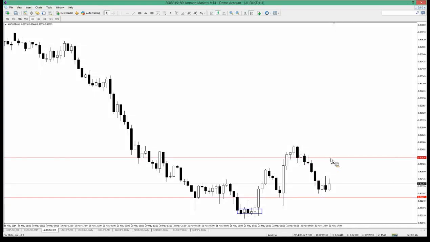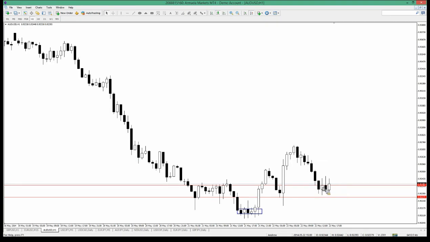Down here now we have 2 areas, or 2 ranges, 2 range based candles. If we got a nice close above, then we could look for a retest of this area. Okay, the same down here.